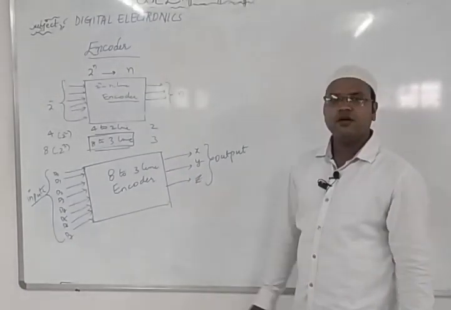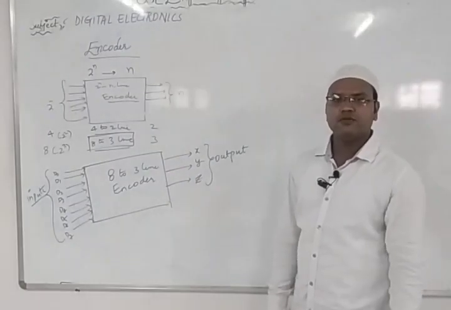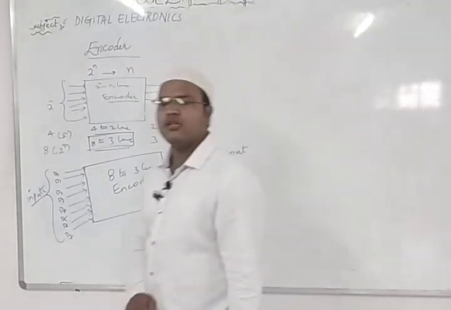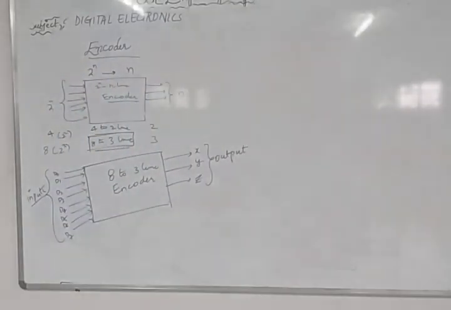Now we need to draw its truth table. First we needed to draw the block diagram, which we did. Next we want to write the truth table for this 8 to 3 line encoder, taking the input values from 0 to 7 and the outputs as x, y and z.